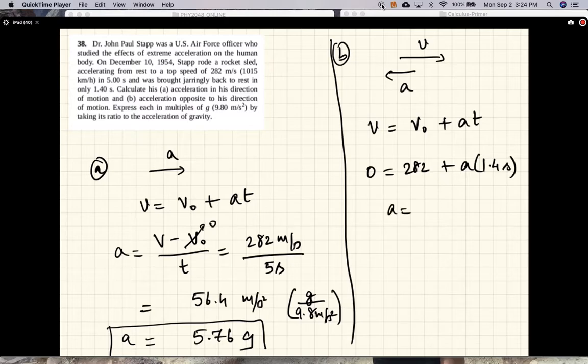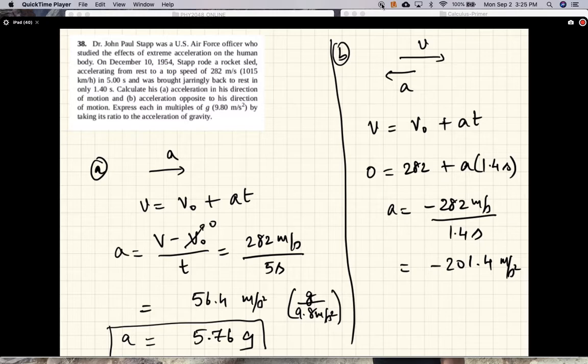So acceleration is minus 282 meters per second divided by 1.4 seconds, which is minus 201.4 meters per second squared.